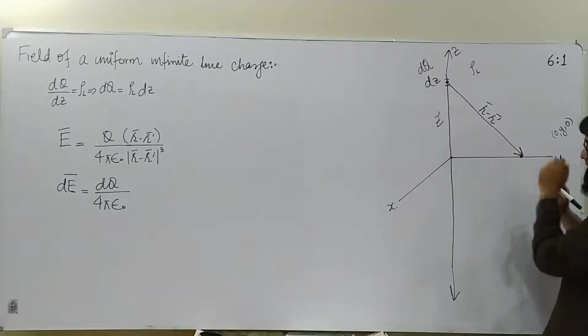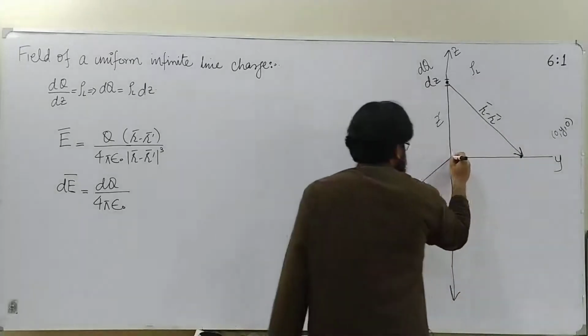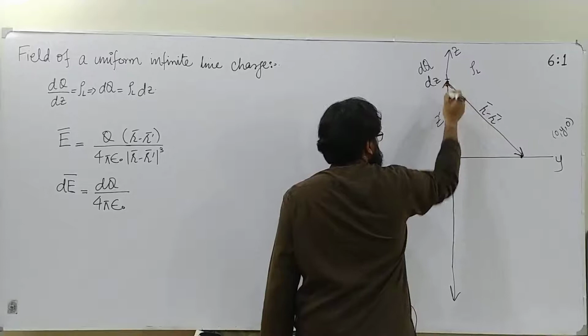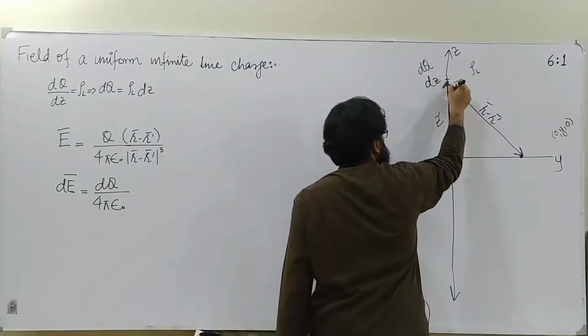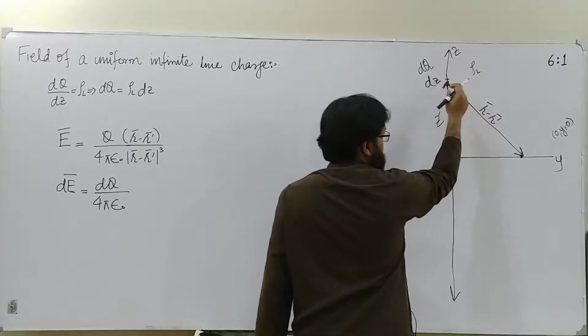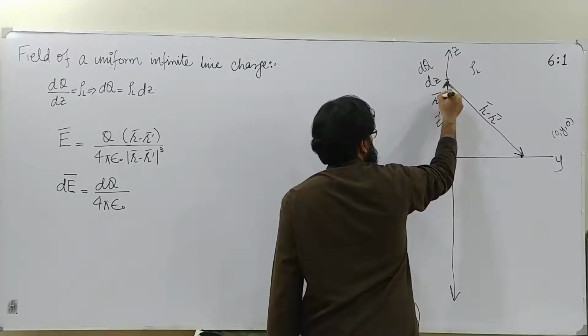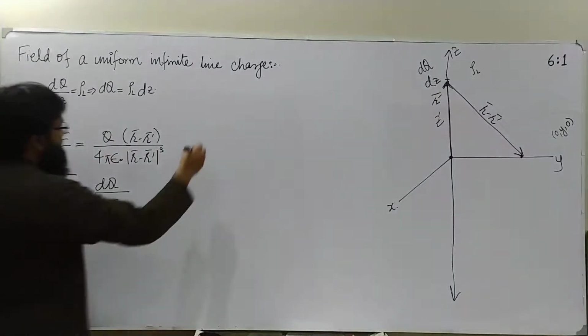So the position vector which locates this segment should start from origin and should terminate at this segment. You can treat this segment as a point. So the position vector will be r prime.